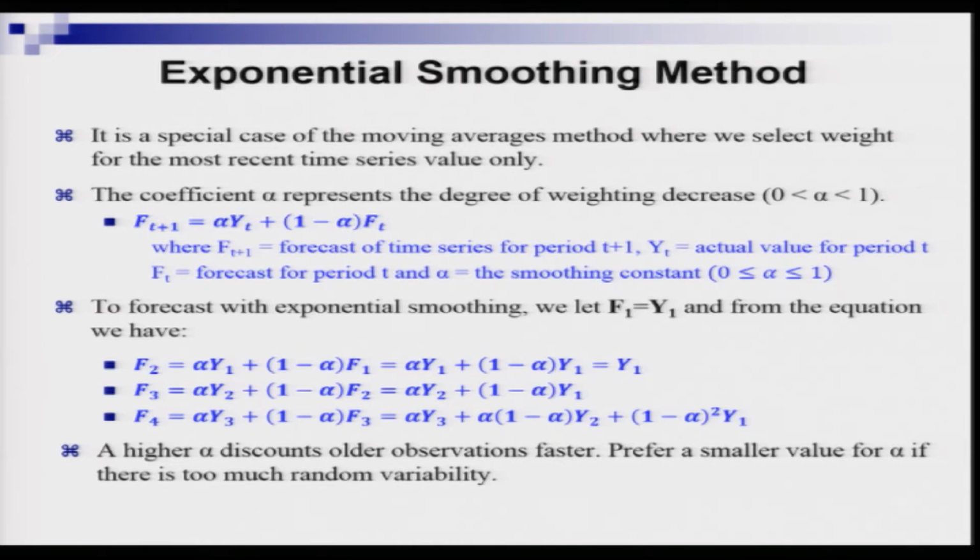We have to introduce a new concept here, called the smoothing factor, sometimes called the coefficient of degree of weighting decrease. This is generally represented by alpha in statistical literature, and it is a fraction. So, alpha always takes value between 0 and 1. Basically, you are taking a convex combination of two different time series values.